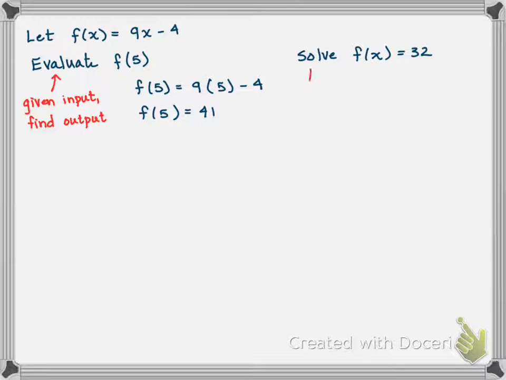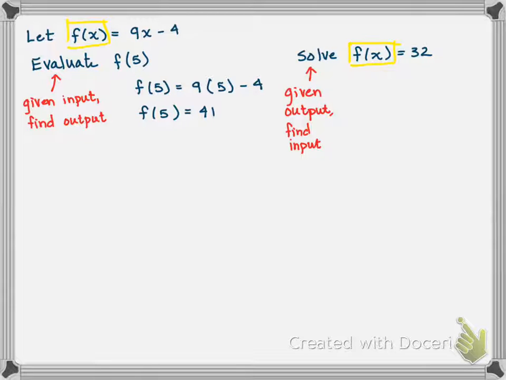We don't know what that x is in this case, and so our job is to find the x. So in this case, we are given the output, and we want to find the input. And we do that just by replacing the f of x in our function notation with the number they give us.